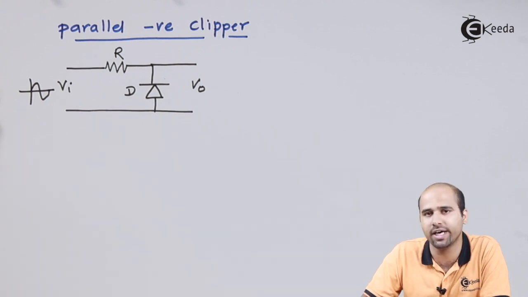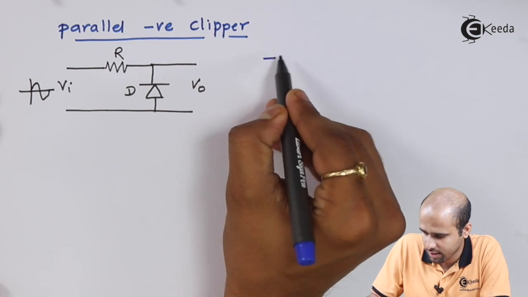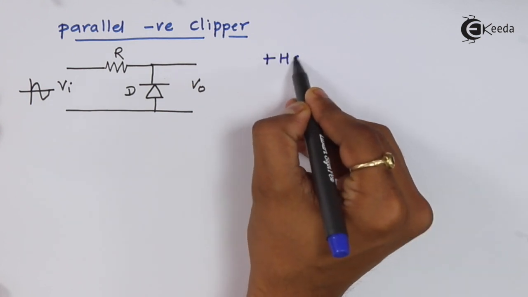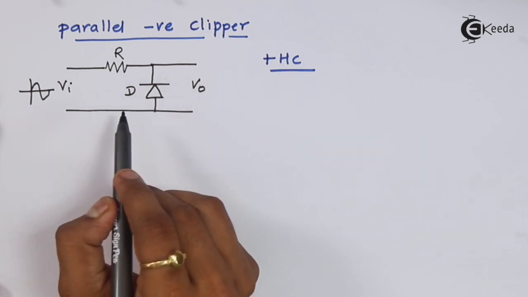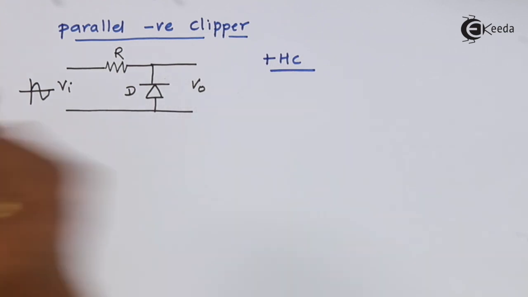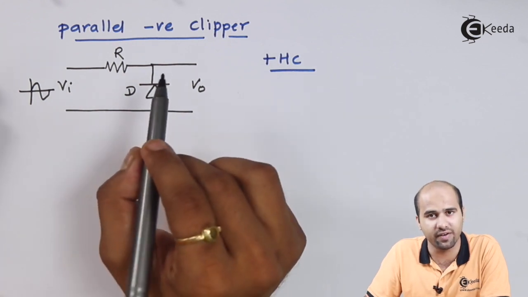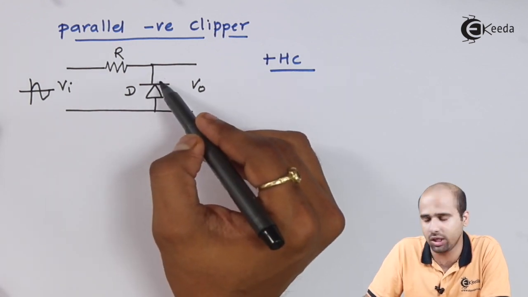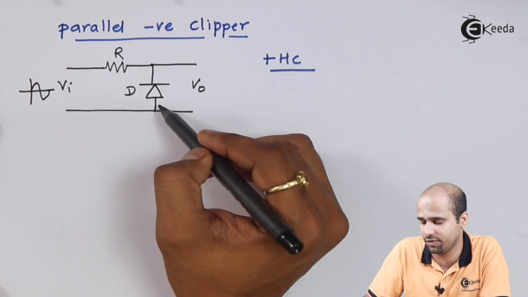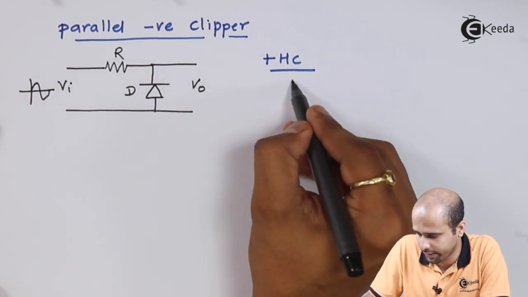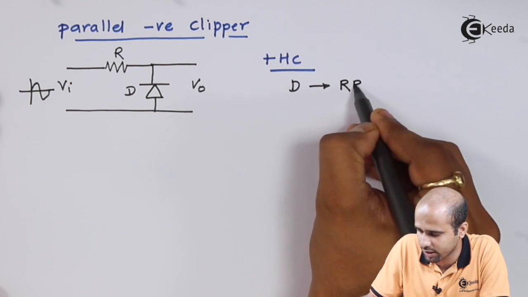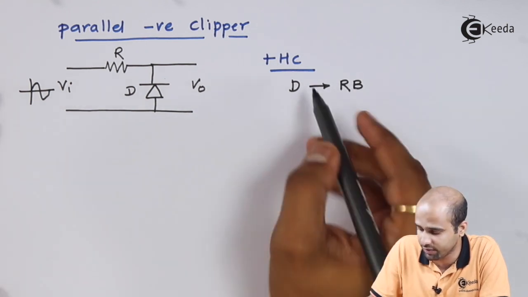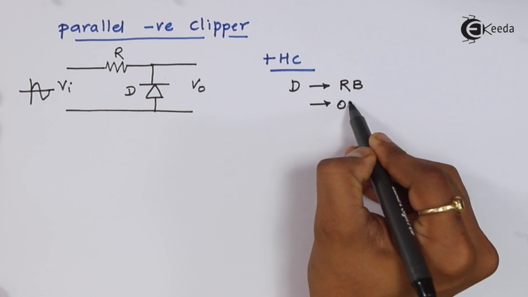I just flipped the diode, rotated it 180 degrees. So in the positive half cycle, what will happen? In the positive half cycle, this diode D will become reverse bias. Obviously, in the positive half cycle the cathode of this diode D will become positive with respect to the anode, so we'll get reverse bias operation of the diode. Diode D is reverse bias, so ideally it will be an open circuit.